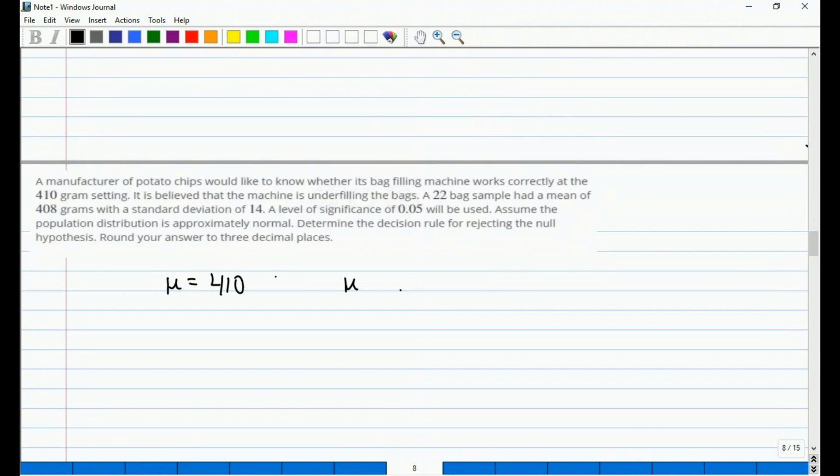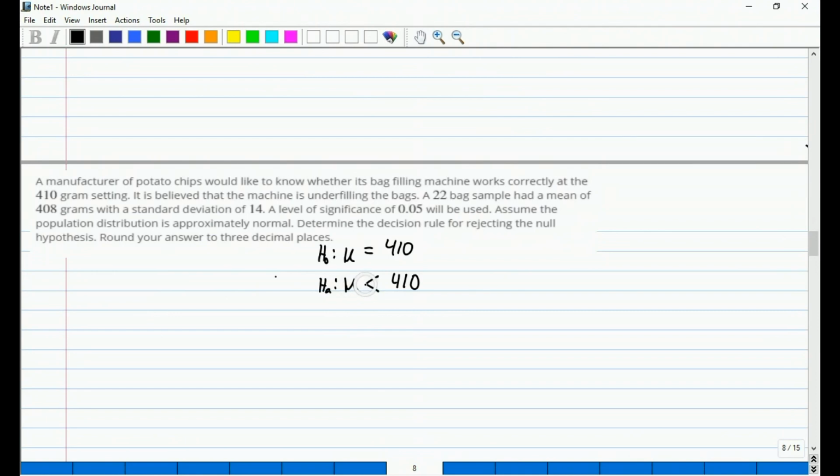Okay, so underfilling would be less than 410, and then we write the opposite of that, greater than or equal to 410. The one with equality becomes the null hypothesis. It's going to be equal to. I'm going to erase that. So there's the null, and here's the alternate hypothesis.